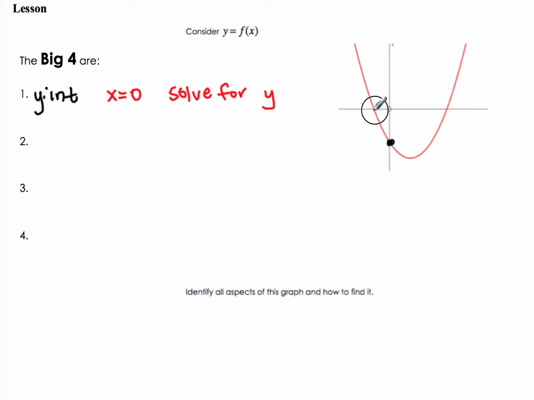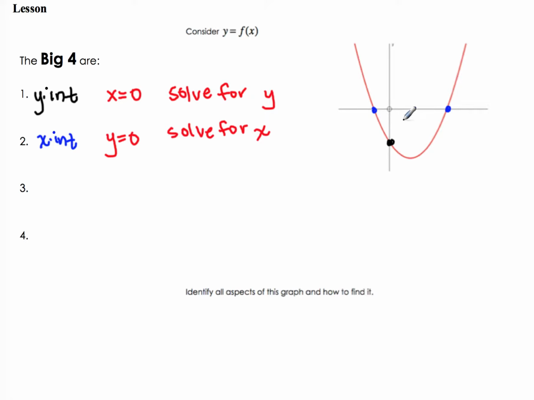The next one, you could probably guess: the x-intercepts. We do the opposite. We set y equal to 0 and we solve for x. Sometimes this is easy by factoring. Other times you have to use the quadratic formula to find out what those values are.